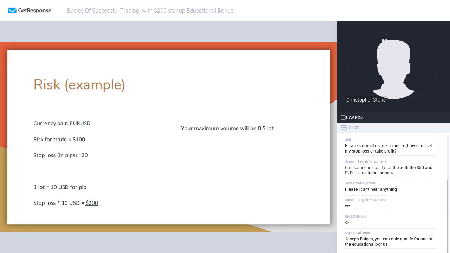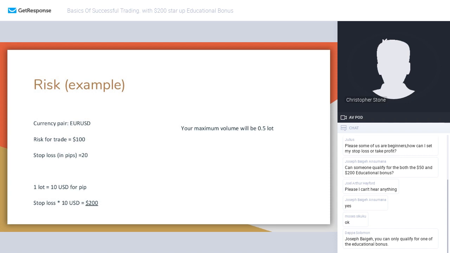I am saying all of this because I want to show you an example on a trading account, how it works and how we are supposed to understand it. So let's take an example of setting your risk.